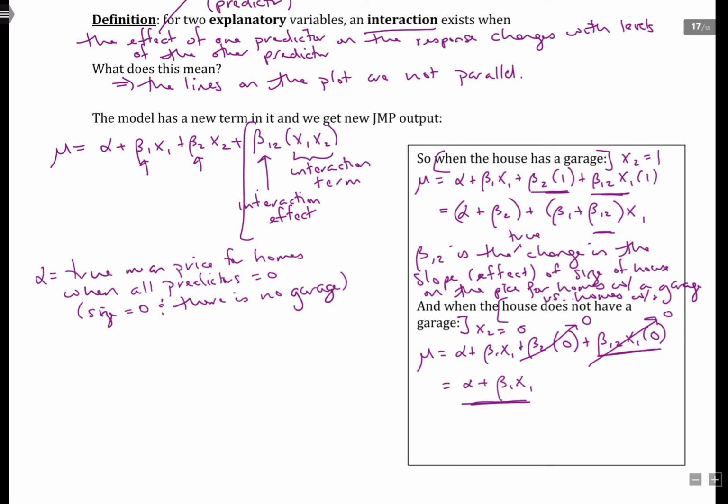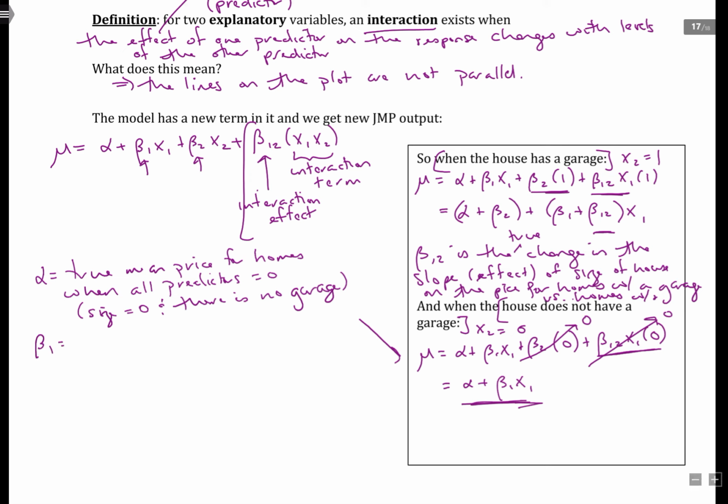And we can see that down here in the second model. Alpha is the predicted average price, or the true mean price, for a house that does not have a garage and when x1 equals 0, because there is no x2 term when x2 equals 0. So it's just that baseline group.